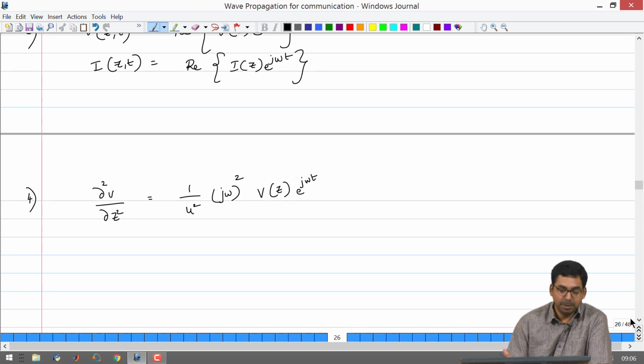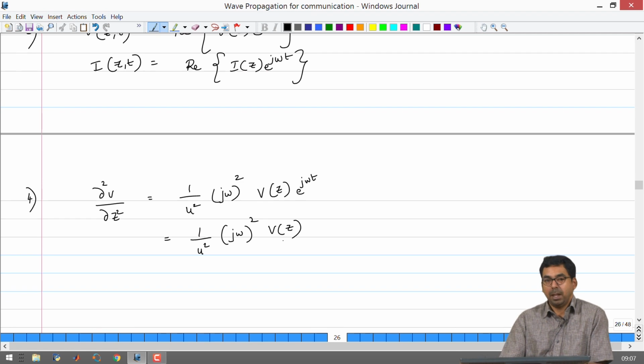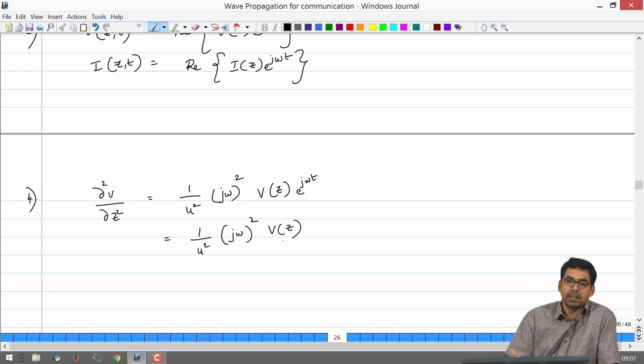We could pick one time instant where the phase omega t goes to 0. So you could substitute t equal to 0 and get rid of this term, and when you want the time dependence you can always bring back this term. So you could write this as 1/u², and whenever I want to talk about time dependence I will multiply everything with e^(jωt).